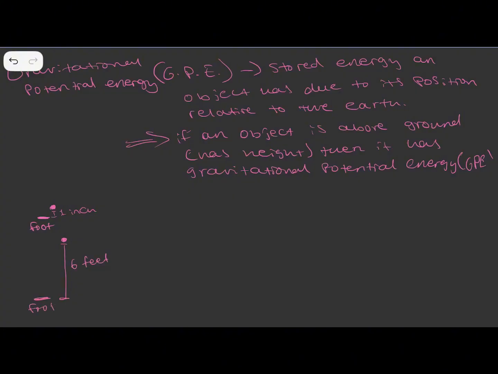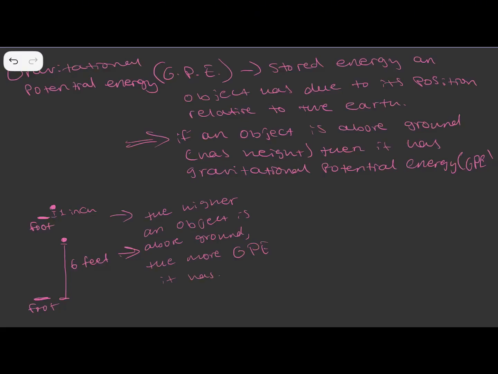Which one would do more damage? Probably this one. The one that's 6 feet above ground has more potential to do damage. So the higher an object is above ground, the more gravitational potential energy it has.